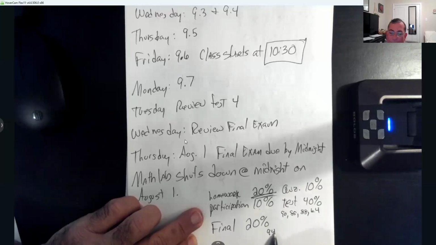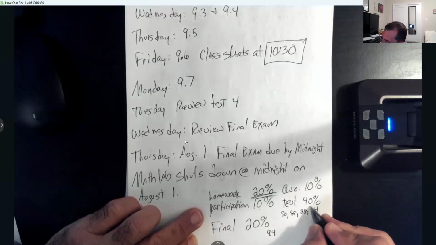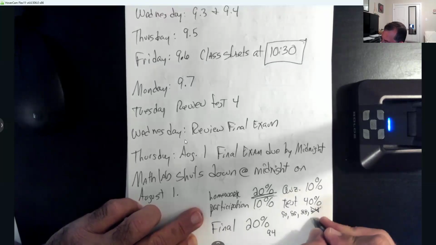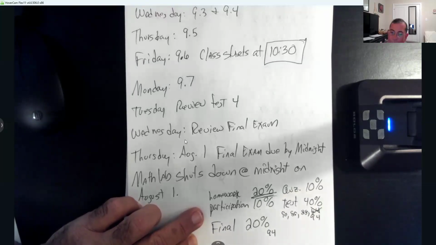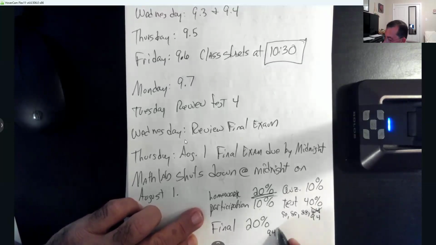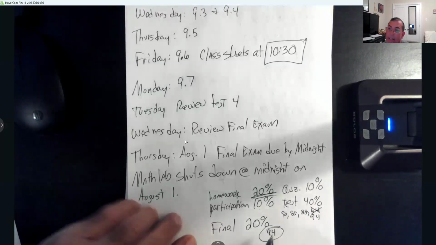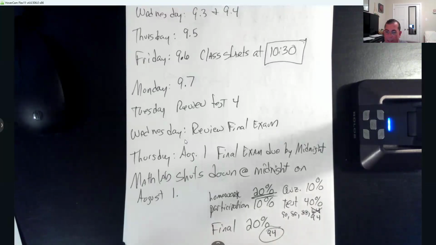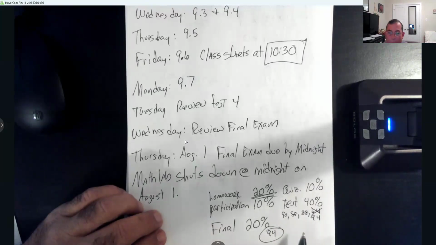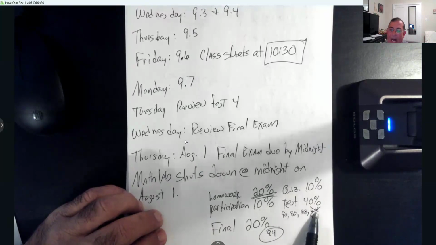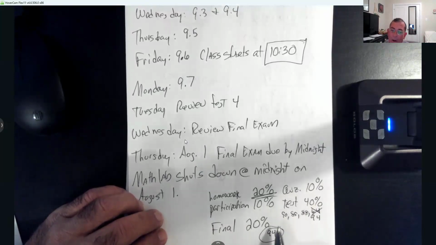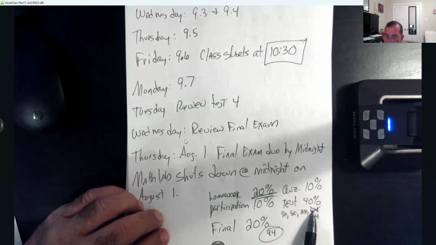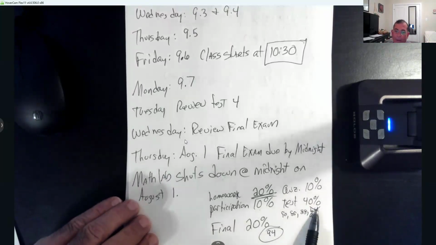If you made a 94 on the final, I will replace your lowest test with that 94. Now, y'all, the final exam is probably the easiest test because it's all multiple choice. But if you bombed one of my 4 tests, I will replace it with the grade of the final exam, as long as the final exam is higher than your lowest score, okay?